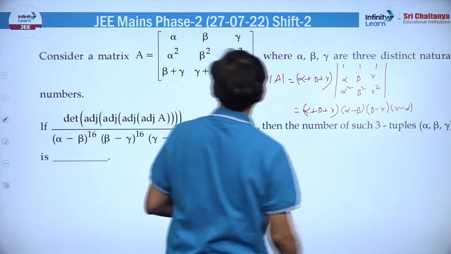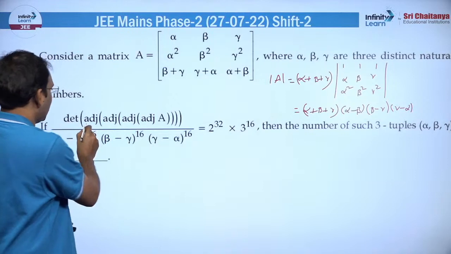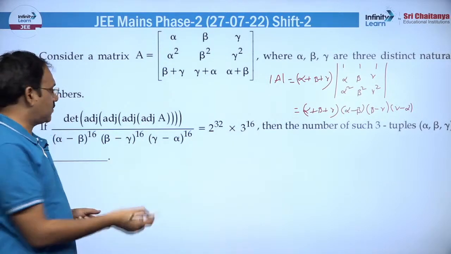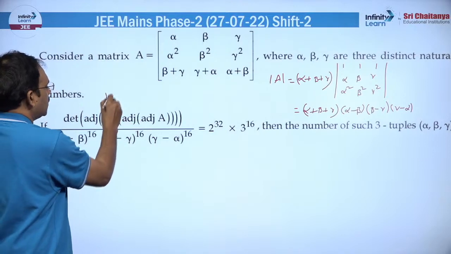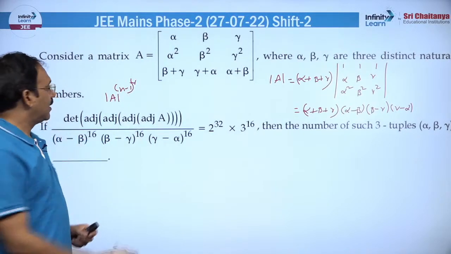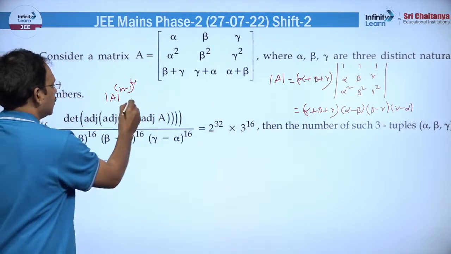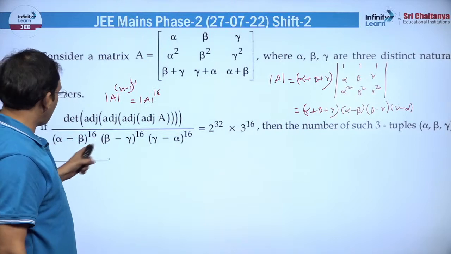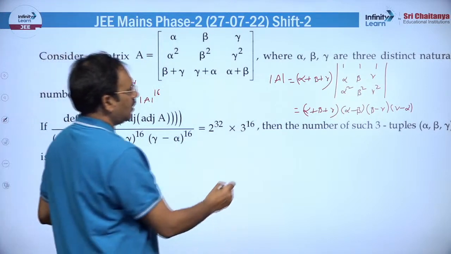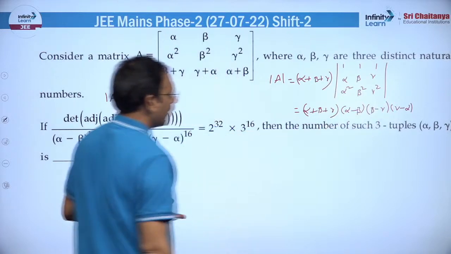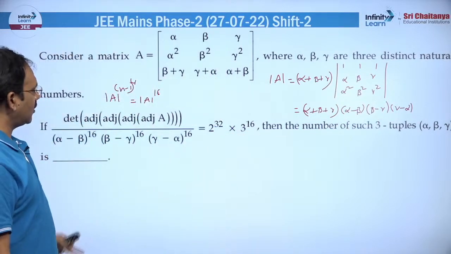Whereas you see this expression, det of adjoint A, you know, is det A power n minus 1. So like that 4 times means you will get det A power n minus 1 whole power 4. But you know n is 3. So this is det A power 16, my dear friends. You will get det A power 16 in the sense this power 16, all these power 16 are there in the denominator.